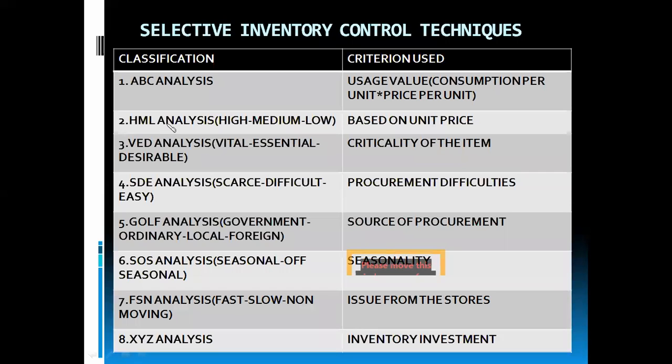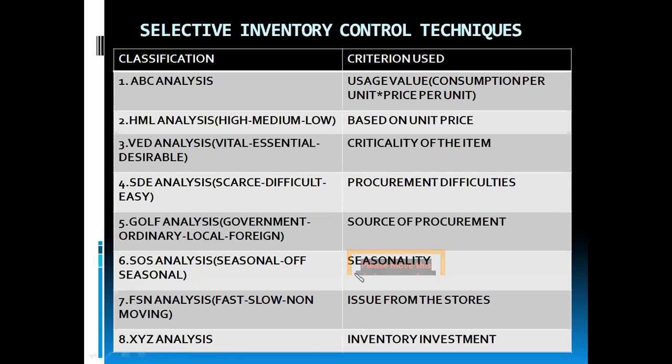HML analysis, here the criterion is unit price. If the unit price is high, that will come under high category. If the unit price is less, that will come under low category. VED, the criterion is the criticality or the importance of the item. Vital, essential, desirable.